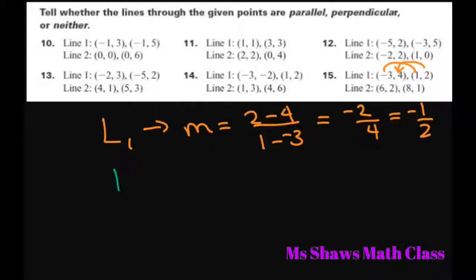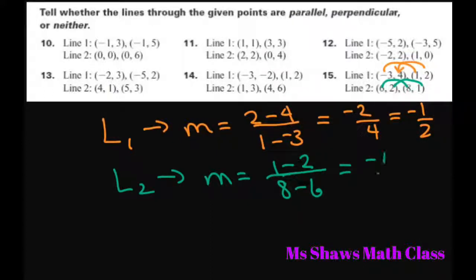And for line 2, the slope's going to be 1 minus 2 and 8 minus 6. So that's going to give you negative 1 over 2. They're the same, so that means the lines are parallel.